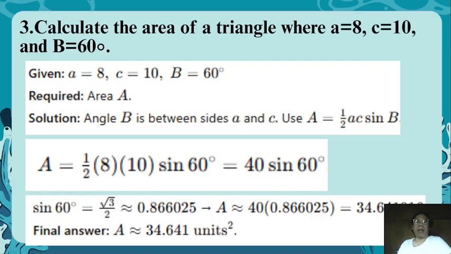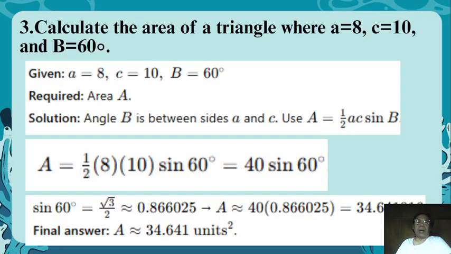And then practice problem number 3. Calculate the area of a triangle where side a is 8, side c is 10, and angle B is 60 degrees. So we're given side a, 8, side c, 10, angle B, 60. So we are required to determine the area.